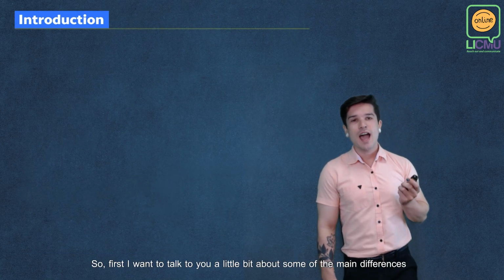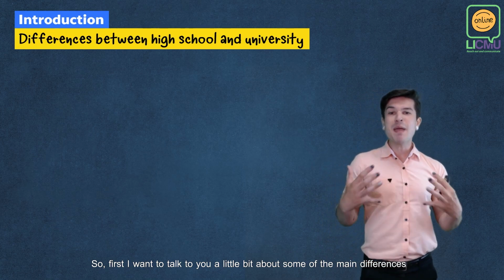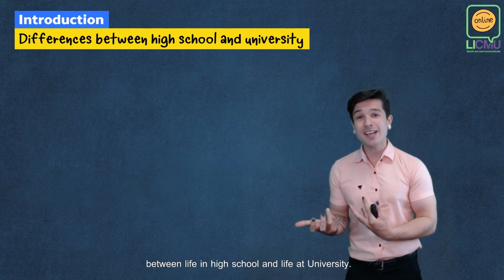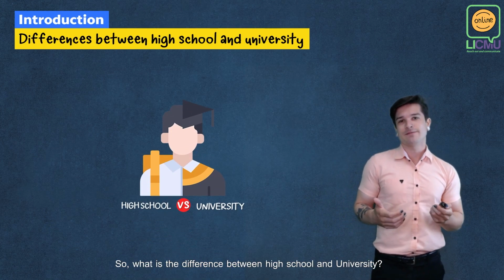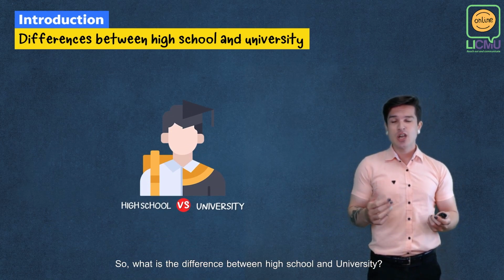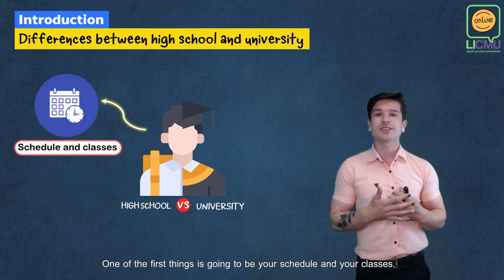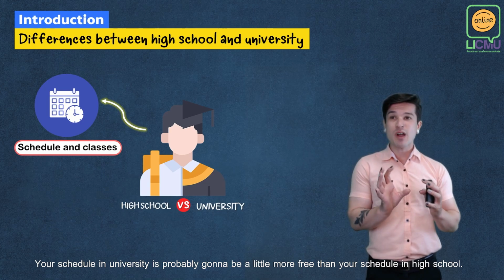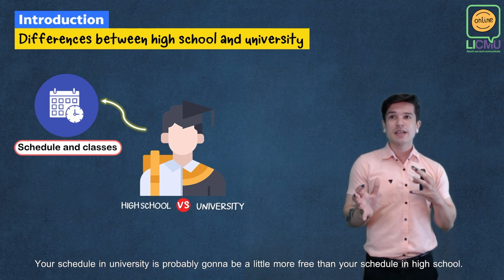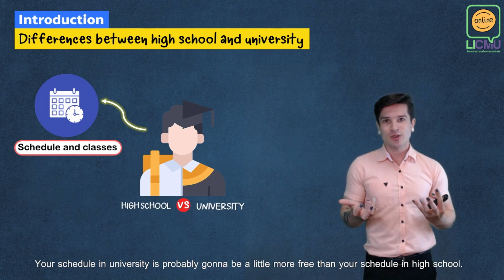So first, I want to talk to you a little bit about some of the main differences between life in high school and life at university. So what is the difference between high school and university? One of the first things is going to be your schedule and your classes. Your schedule in university is probably going to be a little more free than your schedule in high school.